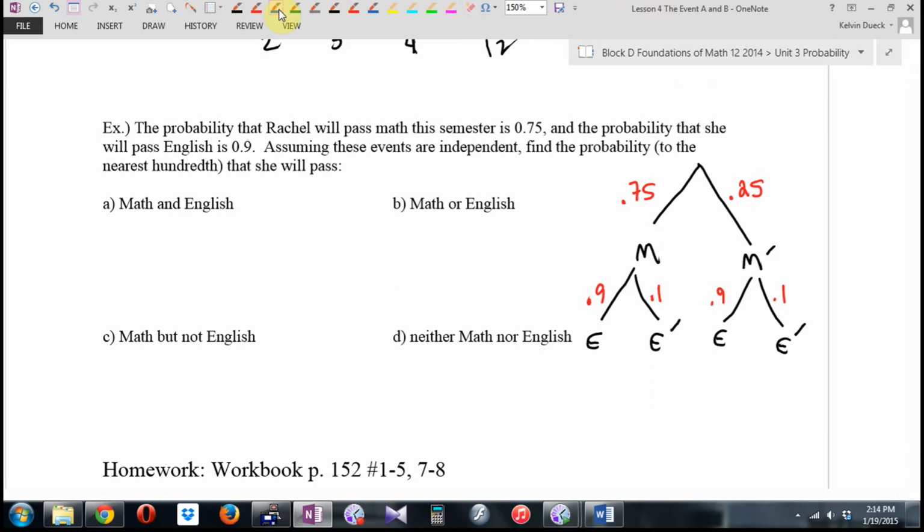Okay. What's the probability she'll pass math and English? Which branch is that? First one, 0.75 and 0.9. Which is what? 0.675.